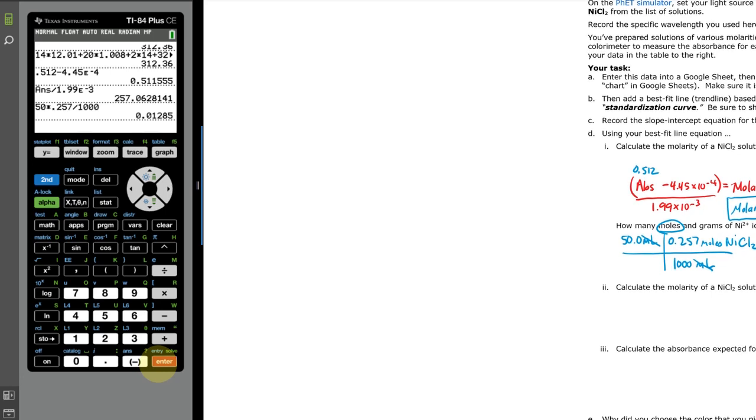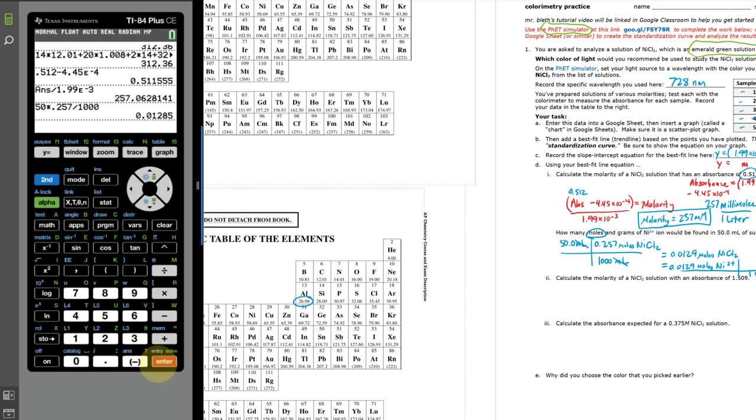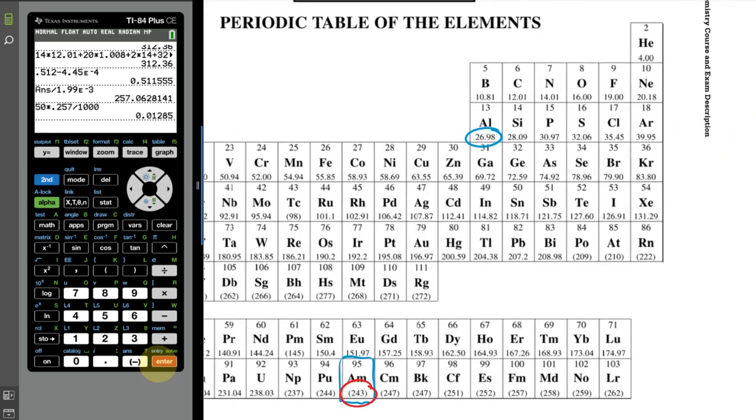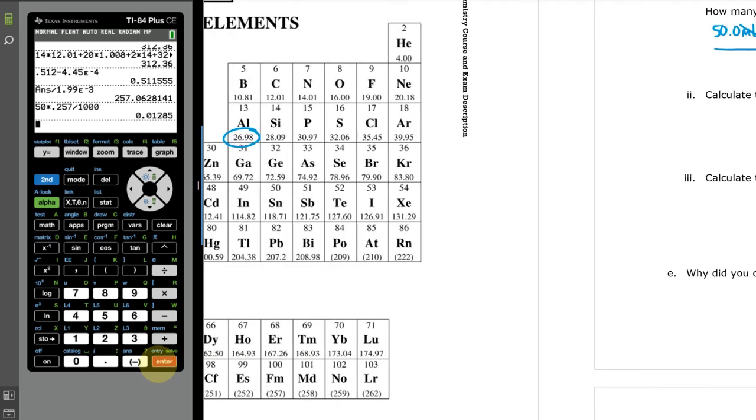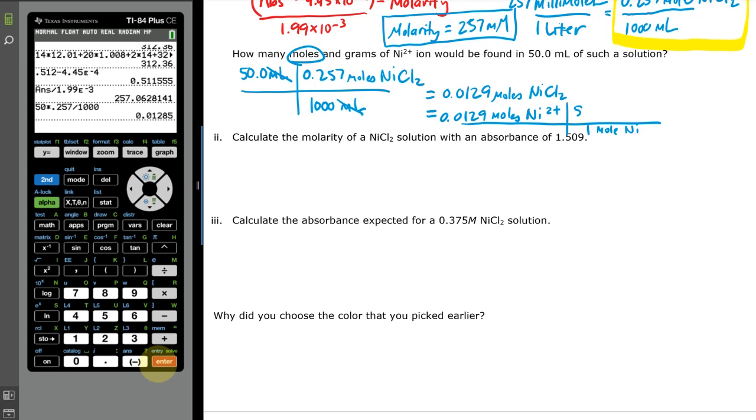All right. Zip over to your periodic table. Hopefully you've got one nearby. Find nickel here. Turns out I have a couple of them open apparently. And here's my nickel. 58.69 grams per mole. So bring that back over here. 58.69 grams of nickel for every mole of nickel. Now notice the 2 plus is there.